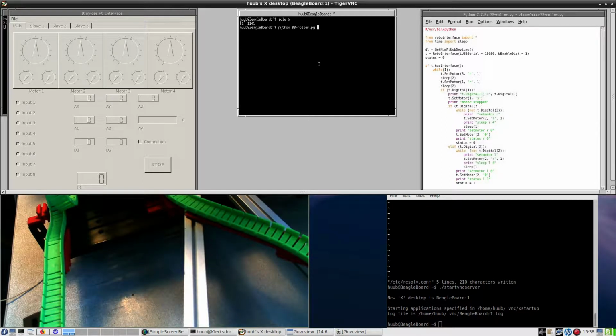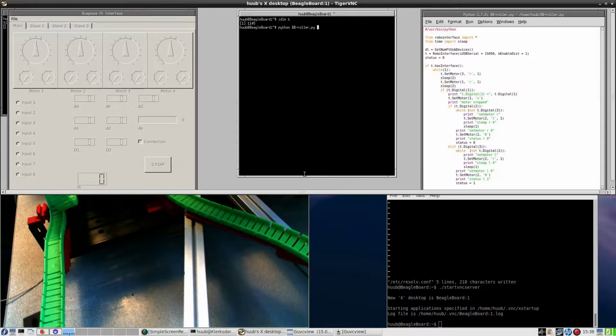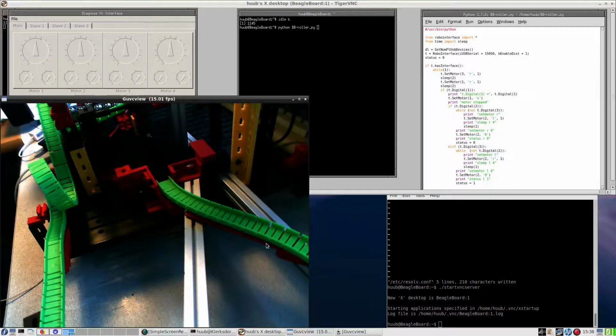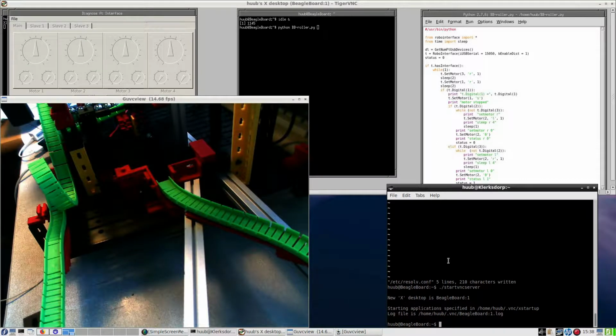The terminal for running the software, and I better extend it a bit. So Python written in the Python IDE, camera, and this is the Minicom serial terminal.